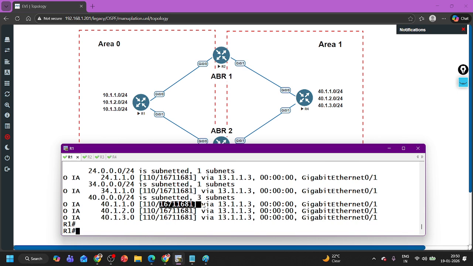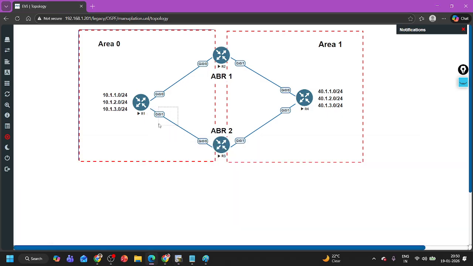So when I run the max-metric command, the router advertises the maximum metric, right? And the neighbor router will not prefer that path if you don't want load balancing here. Another way is by manipulating the cost of this link.